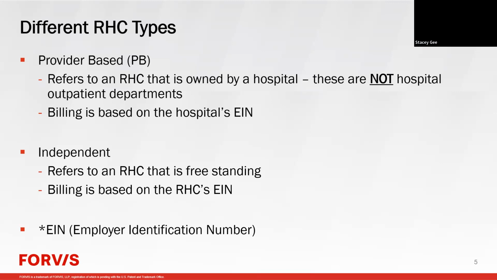And then we have independent RHCs. These refer to those RHCs that are freestanding, truly not associated with any other entity. The billing is based on that particular RHC's EIN number. So just two different types of RHCs that we have out there today.